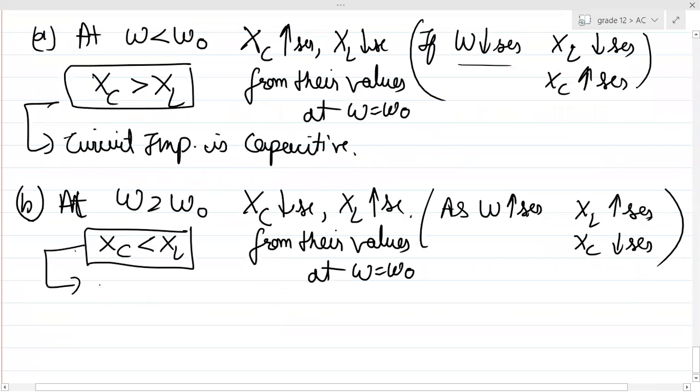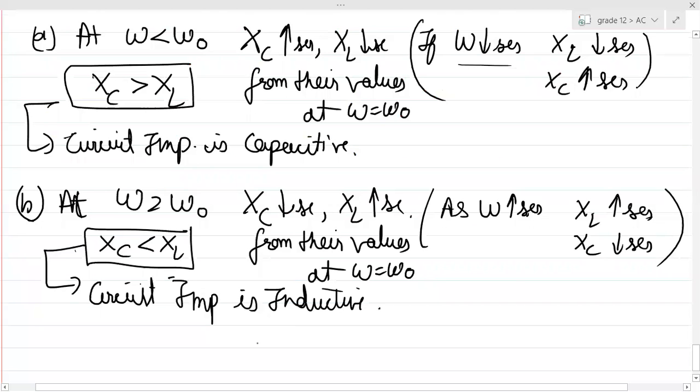At this instant, the circuit impedance becomes inductive. Please write this thing.